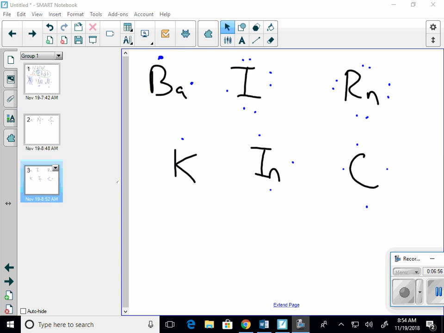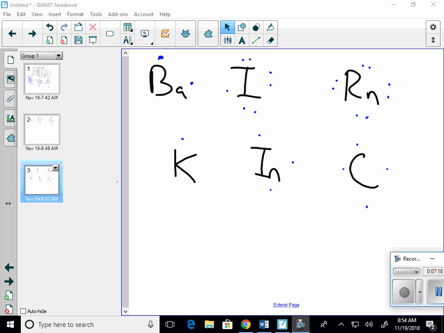So again, we have all the answers to the front side now up on the board. If we flip to the back side, this is where we have to introduce how to do this for compounds. So a metal and a nonmetal coming together, if you recall from last unit, is called an ionic bond.